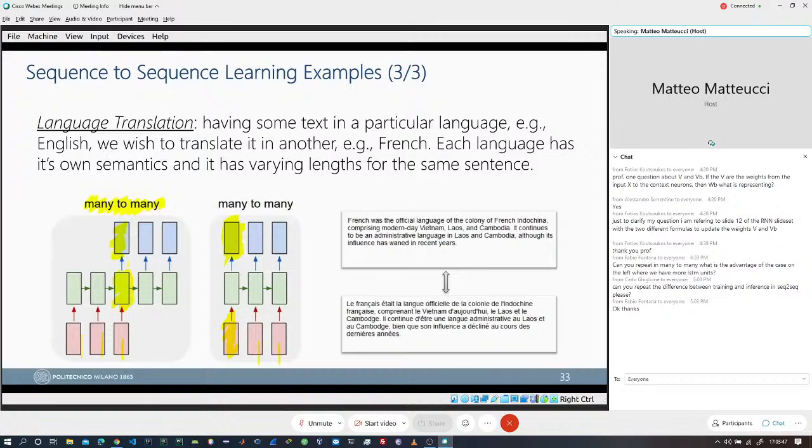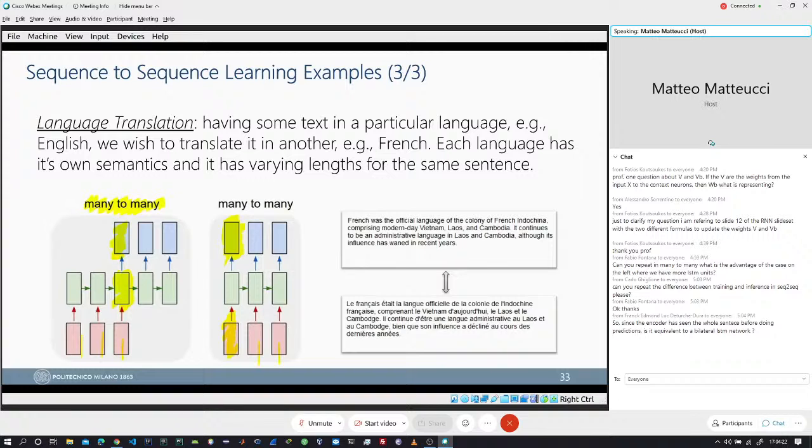Conceptually, this is the main difference. In many-to-many on the left, you have to wait for all the characters before predicting the first one. In the many-to-many on the right, you can immediately start predicting. On the left, obviously, you have a more informed prediction. On the right, you have a less informed but faster one, because you don't have to see the entire sequence presented to the model before it can start.